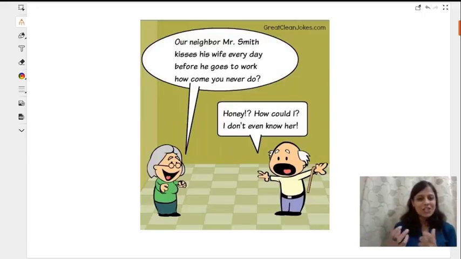There's this conversation going on between a couple, and the lady tells our neighbor, Mr. Smith, just read it very carefully, you're going to get the trick, right? Our neighbor, Mr. Smith, kisses his wife every day. Like she's complaining, right? He kisses his wife every day before he goes to work. How come you never do? Right?